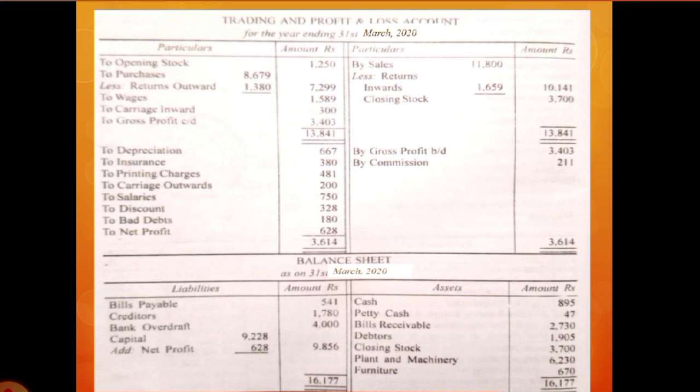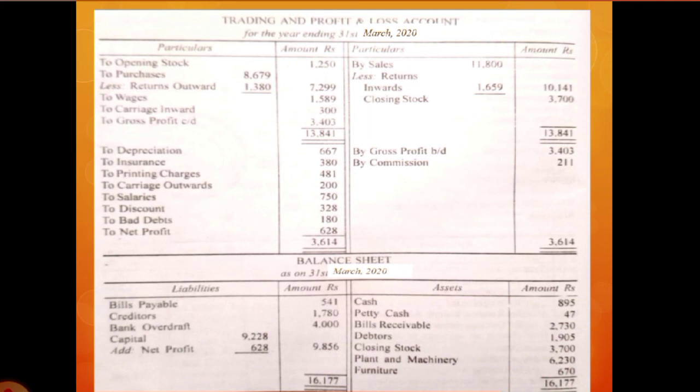Now the last step is to take the totals of the balance sheet. Here we should not do what we did for calculating the gross profit and net profit. A balance sheet has to tally automatically. It means the asset side and the liability side of a balance sheet have to be equal. We don't need to do any balancing.